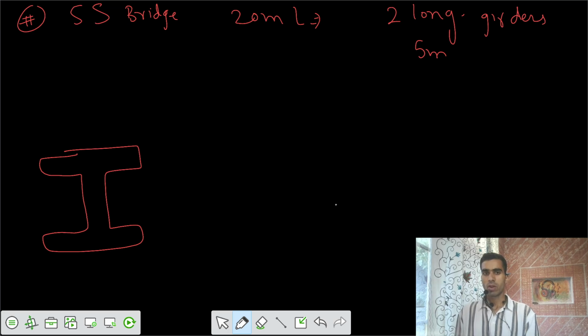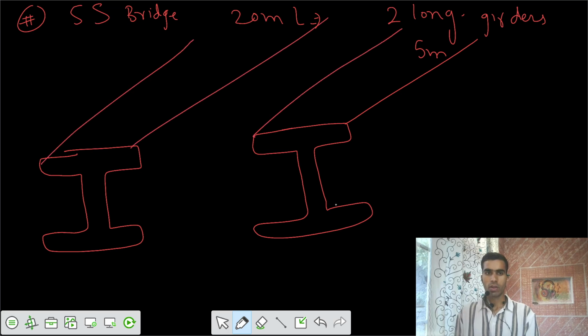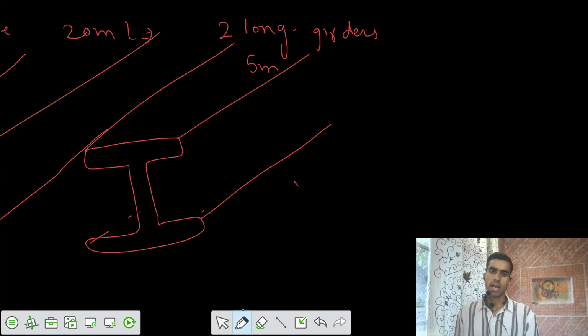So the two longitudinal girders are for a length of L equals 20 meters. So the length from this side is L equals 20 meter.